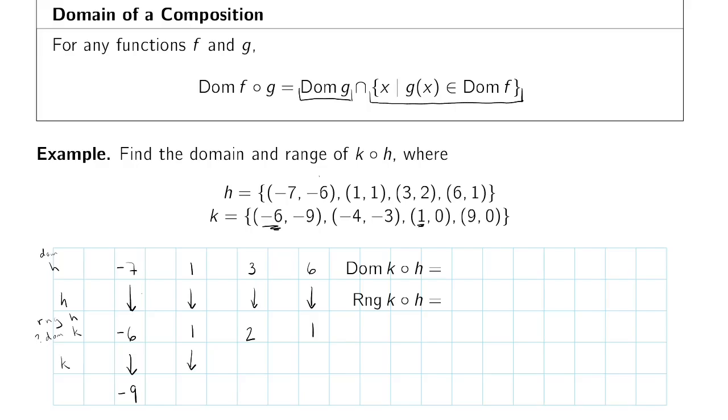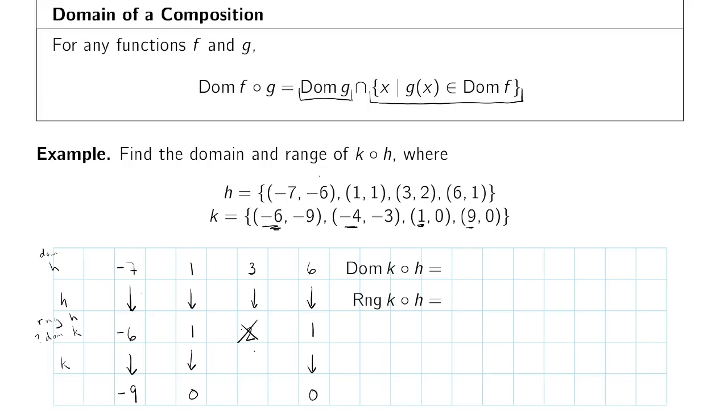K takes that to 0. 2 is not in the domain of k, right? -4 and -9 are the other two numbers. So 2 is not in the domain of k. So we're going to just cross that off. And then 1 is still in. K still takes that to 0.